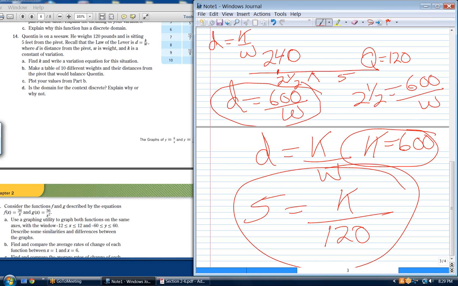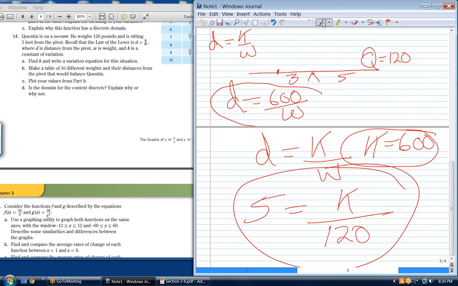So by making up various distances, you can figure out 10 different weights and distances, all from this specific equation. Let me give you a test. If it was 3 feet, what does he have to weigh?